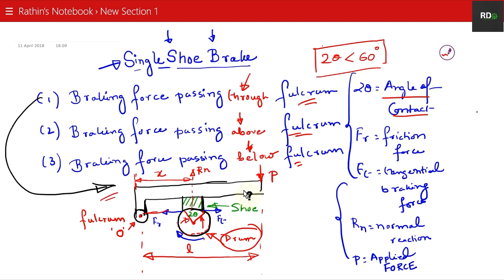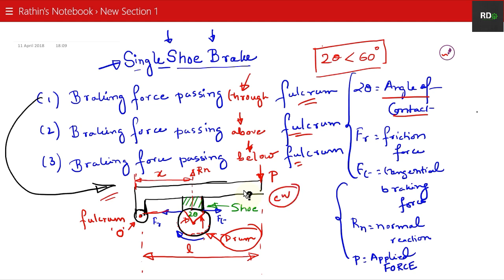The point at which the external force P is applied is at a distance L from the fulcrum, and this is the distance X of the reaction force. As you can see, there are two forces generated as the drum is revolving in the clockwise direction.